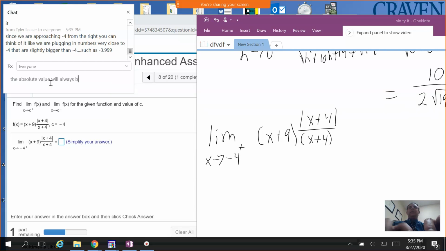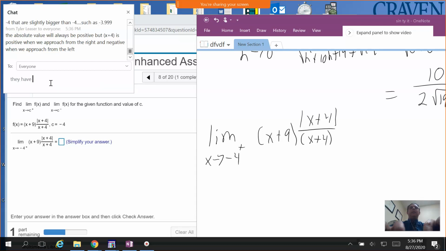But the x plus 4 is positive when we approach from the right and negative when we approach from the left. They have the same value, so that ratio is either going to be 1 or negative 1.